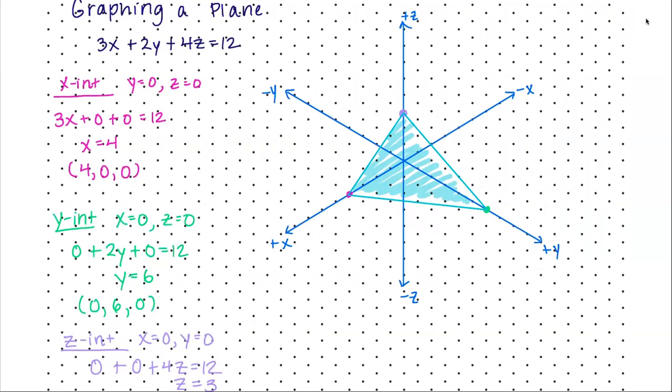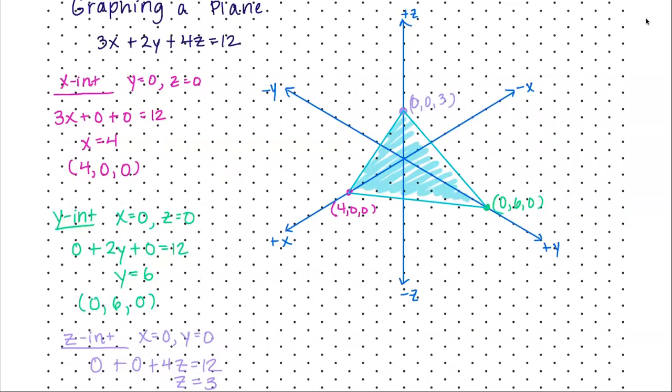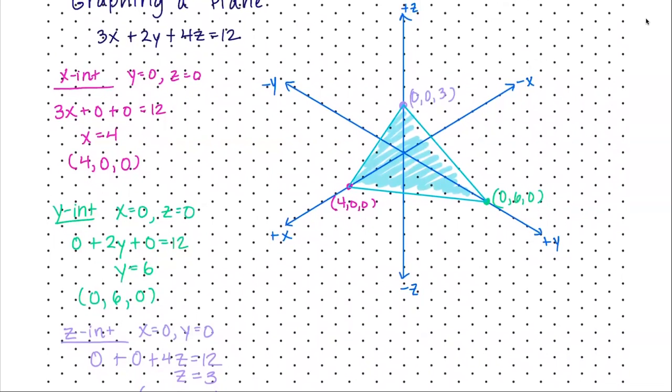We can see where that plane will be located. And if I go ahead and label my coordinates, now that we have everything in, I get 4, 0, 0, and then green, 0, 6, 0, and purple for Z, 0, 0, 3. And that will be the graph of this equation.